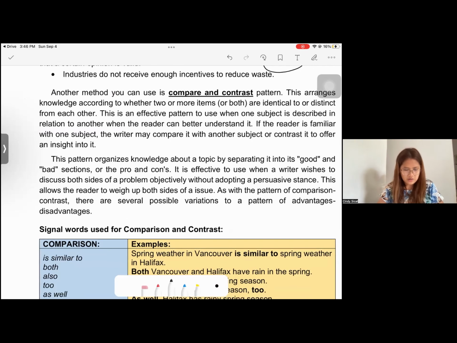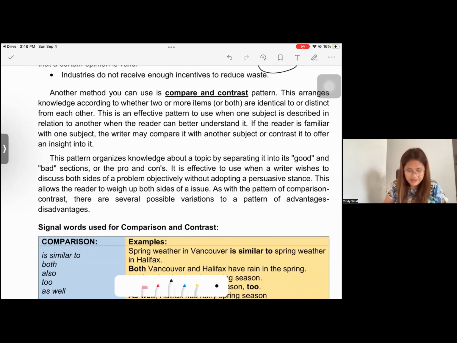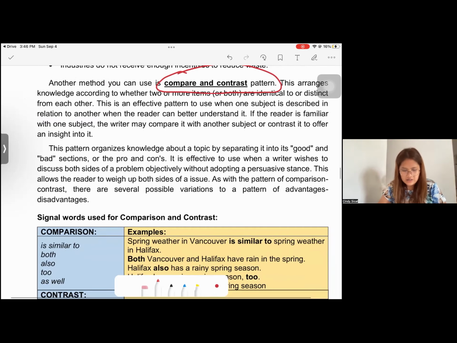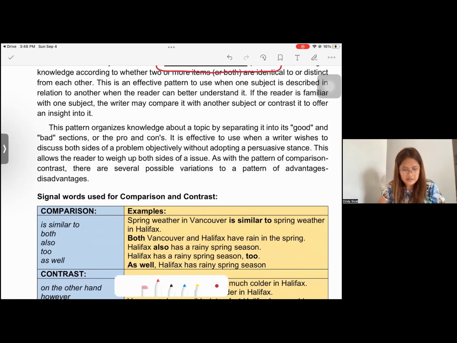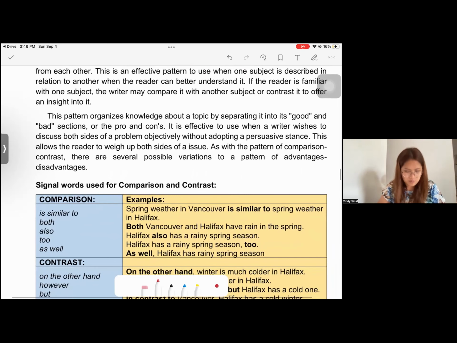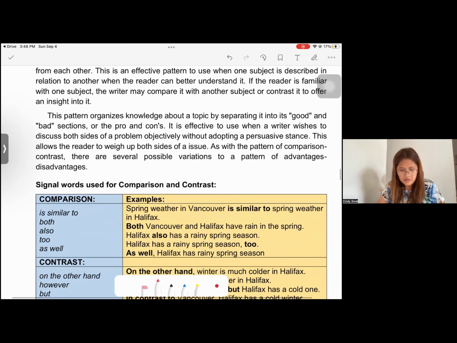Okay? So another method is the compare and contrast pattern. This arranges knowledge according to whether two or more items are identical or distinct from each other. So this is an effective pattern because when one subject is described in relation to another, you understand it better. Because when you know how to compare and contrast it, that means you have already understood the characteristics of those two.